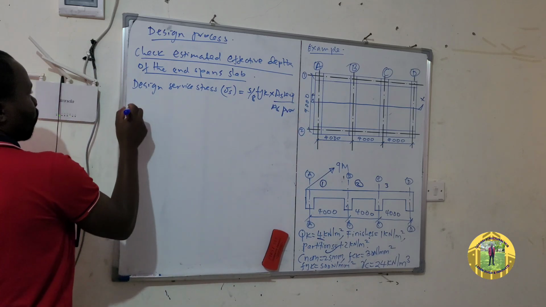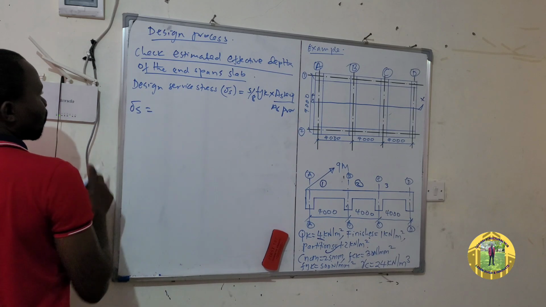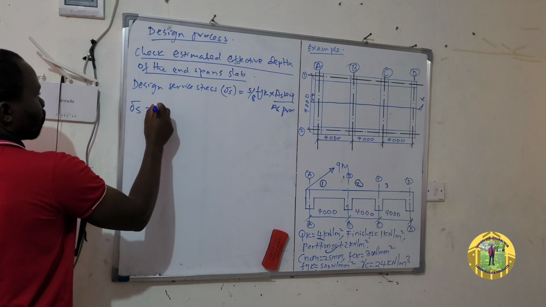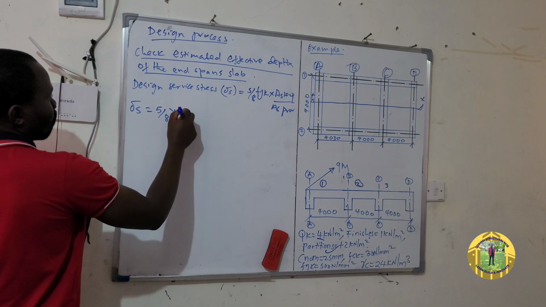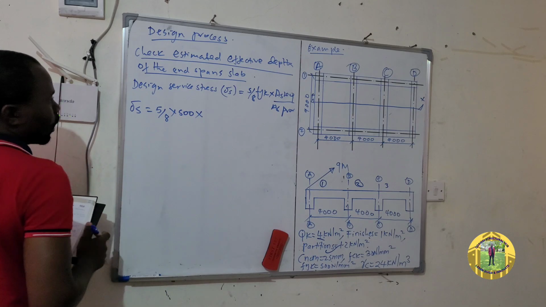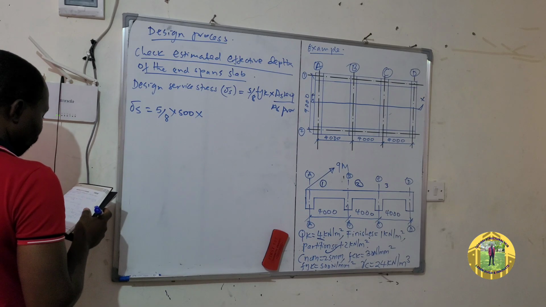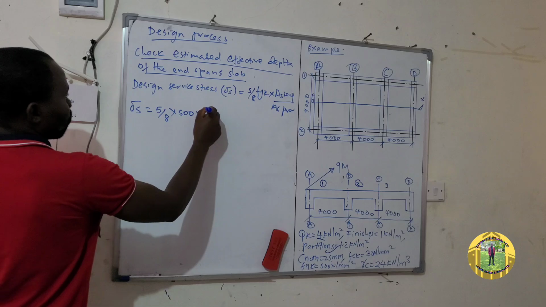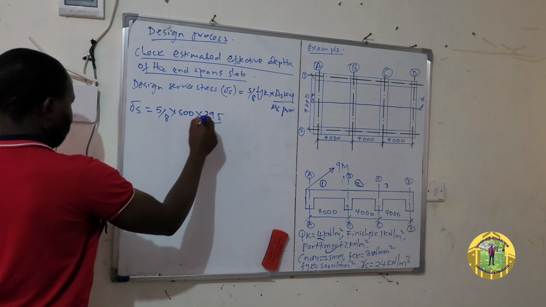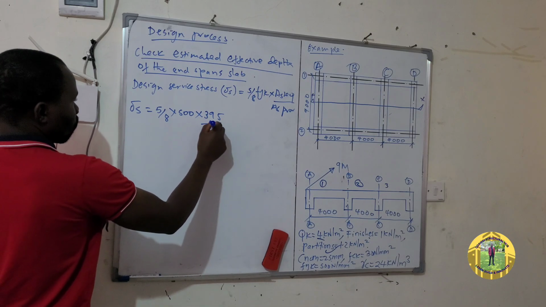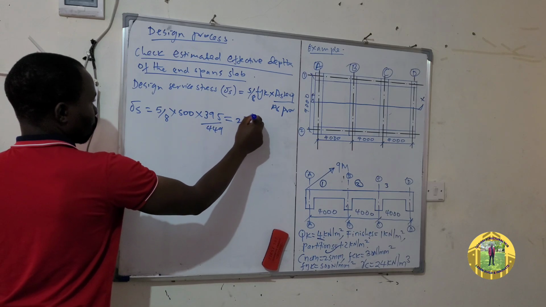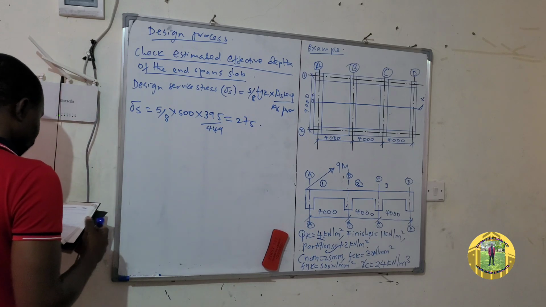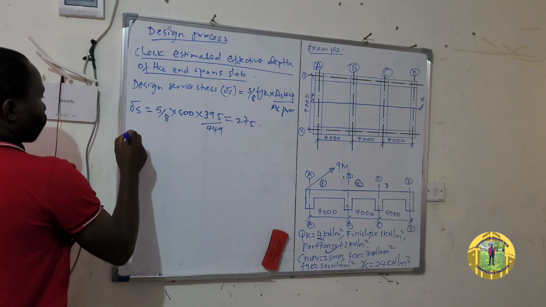So design service stress is equal to 5/8 times FYK is 500, then times area of steel required. This one is 395, and area of steel provided is 449. So this one is equal to 275.